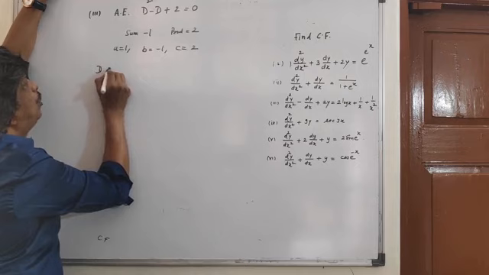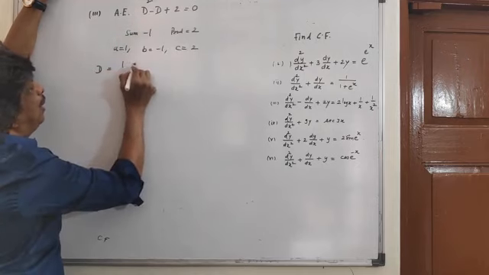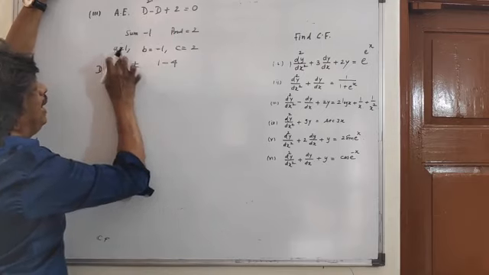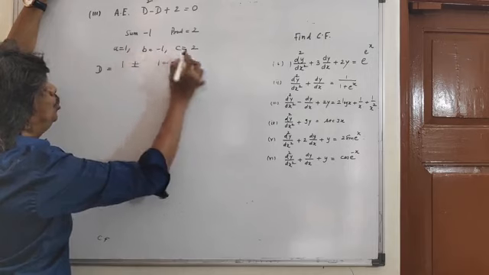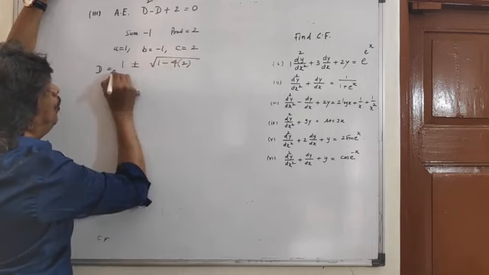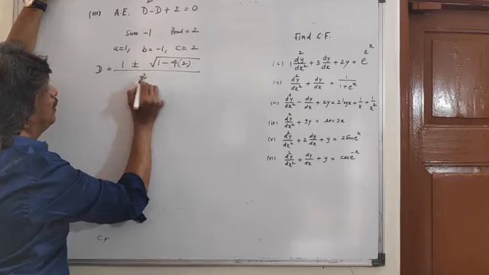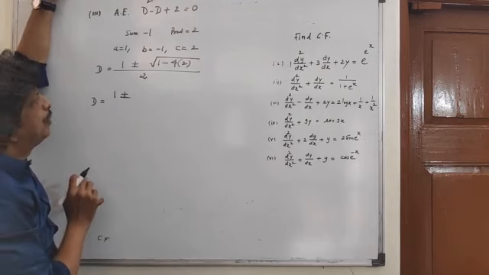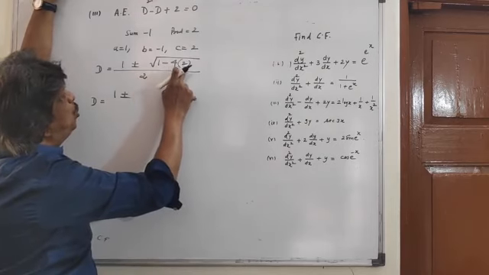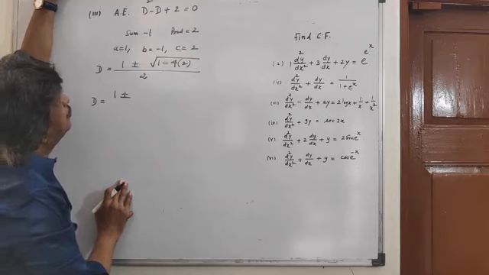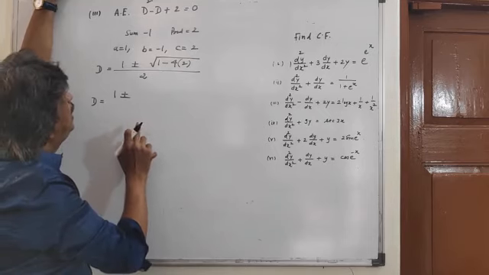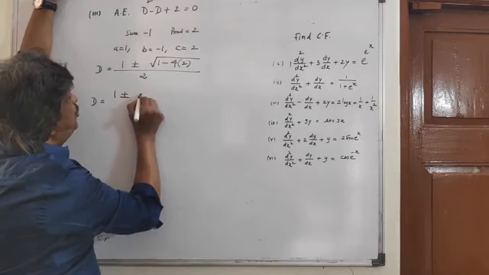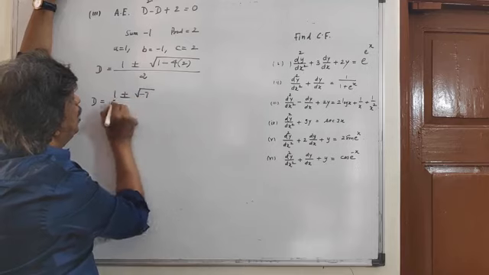So the roots are D = (-b ± √(b² - 4ac)) / 2a. Here 1 ± √(1 - 4 × 2), since ac is 2, that is √(-7), upon 2.